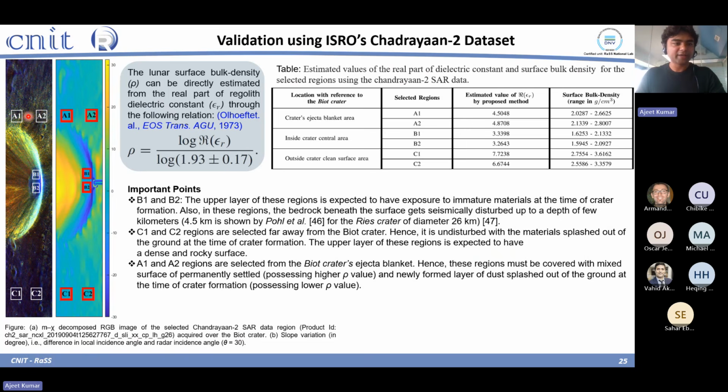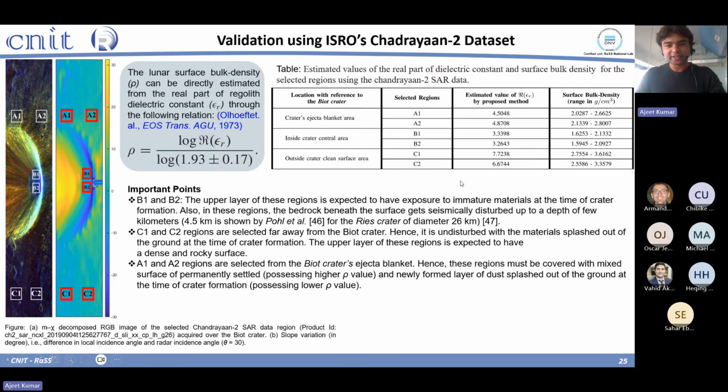A1 and A2 are in the region of splashed-out material, which you can see distributed over this region. These are also somewhat disturbed, but B1, B2 and C1, C2 are the two locations which are completely undisturbed, so they should have a higher surface bulk density. That was our intuition.